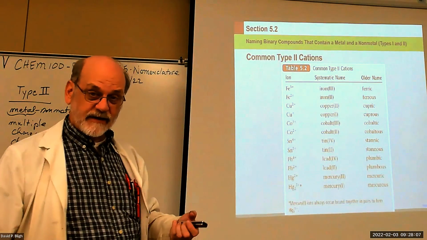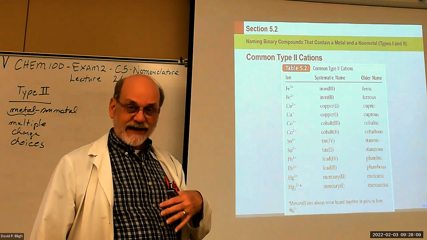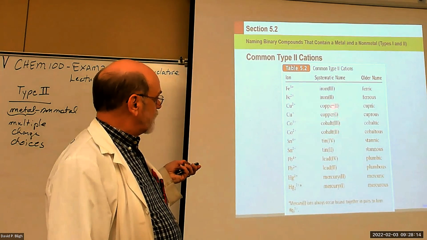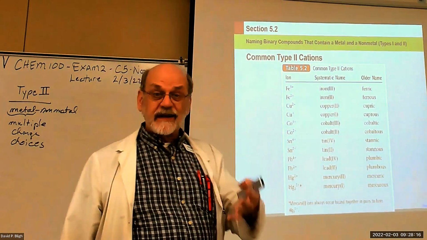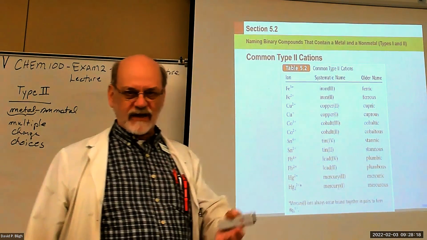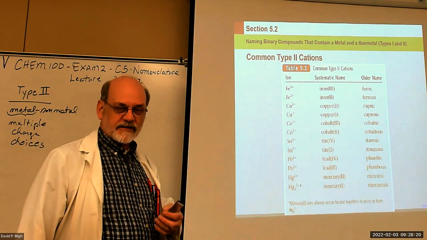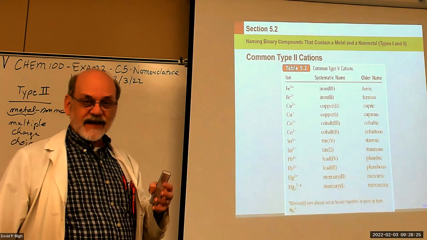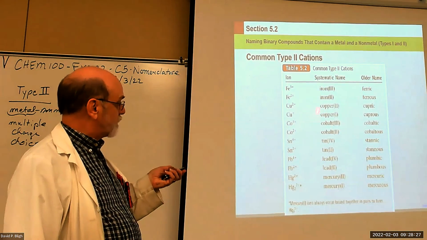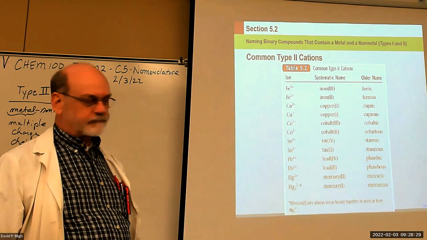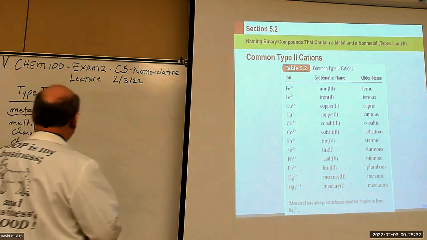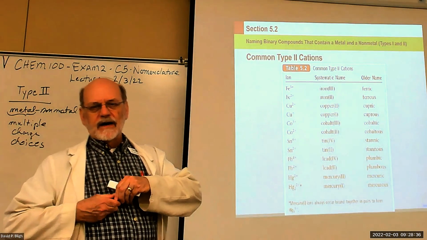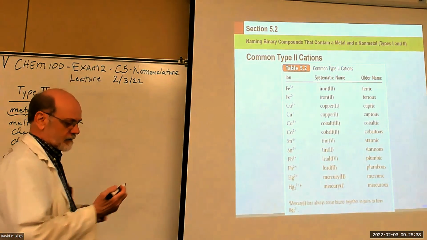The problem with that is, if we use the -ic and -ous endings, when you go to a different element, the -ic and the -ous mean something different. So it's not unambiguous. So IUPAC, in their wisdom, decided that we needed a better system, and that's what they came up with. Okay, so let's say we want to make a compound with iron and chlorine.